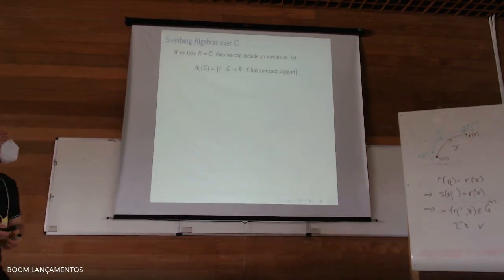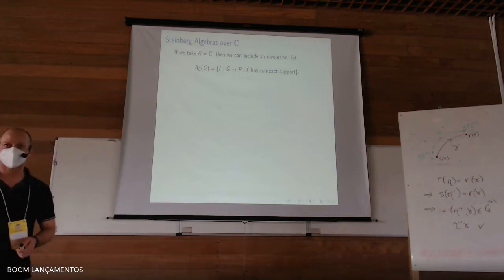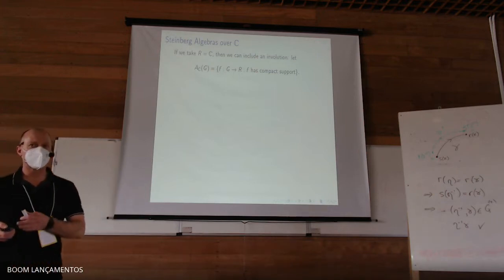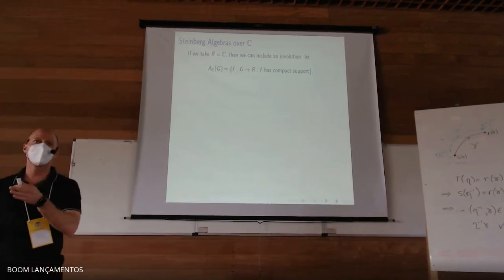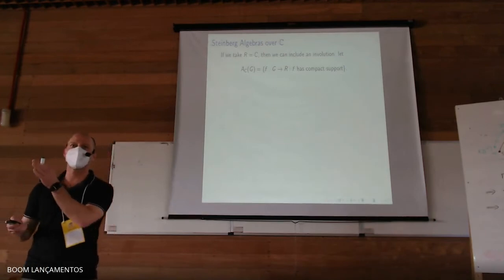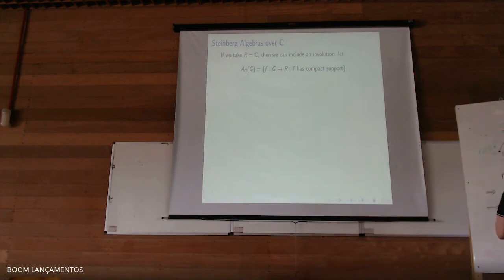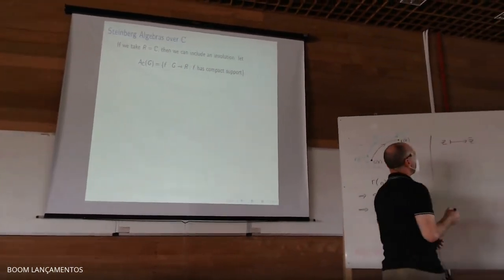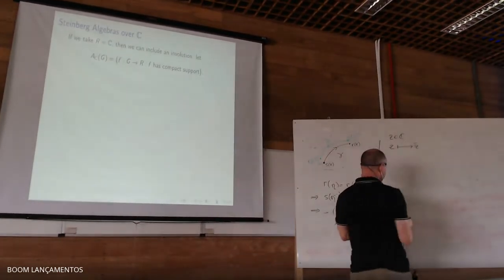All right, so let's consider a specific case where the ring is equal to the complex numbers. So if we consider the complex numbers, then we also have an involution or complex conjugation, if you like, right? So the operation of taking a complex number z to its complex conjugate, for z in C, is an involution.